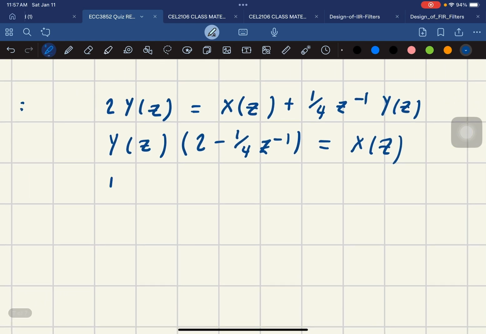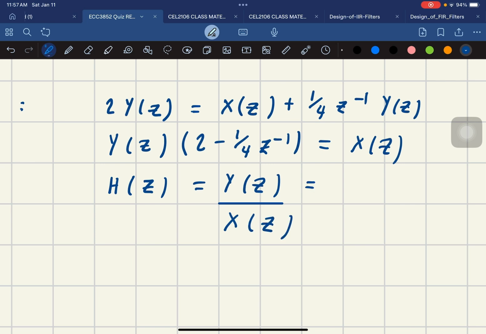We know that H(z) is Y(z) over X(z), and it will be 1/2 over 1 minus 1/8 z to the minus 1.